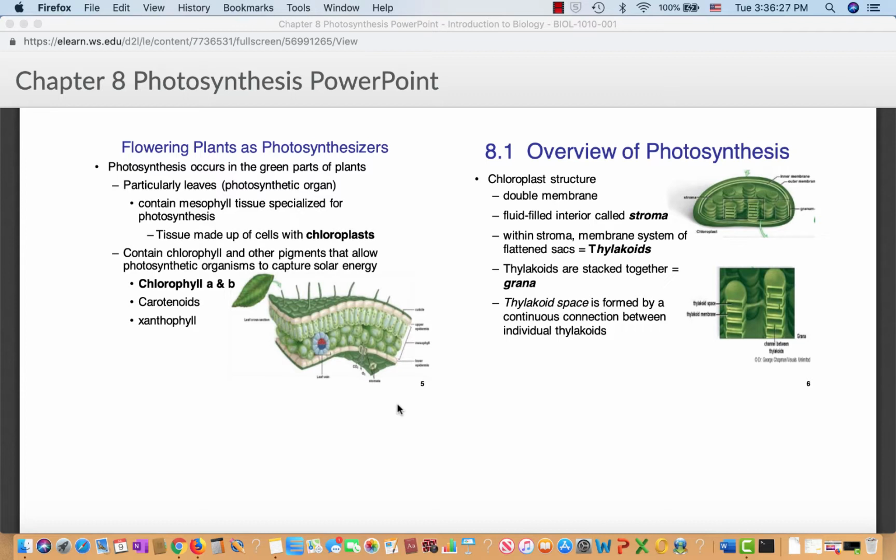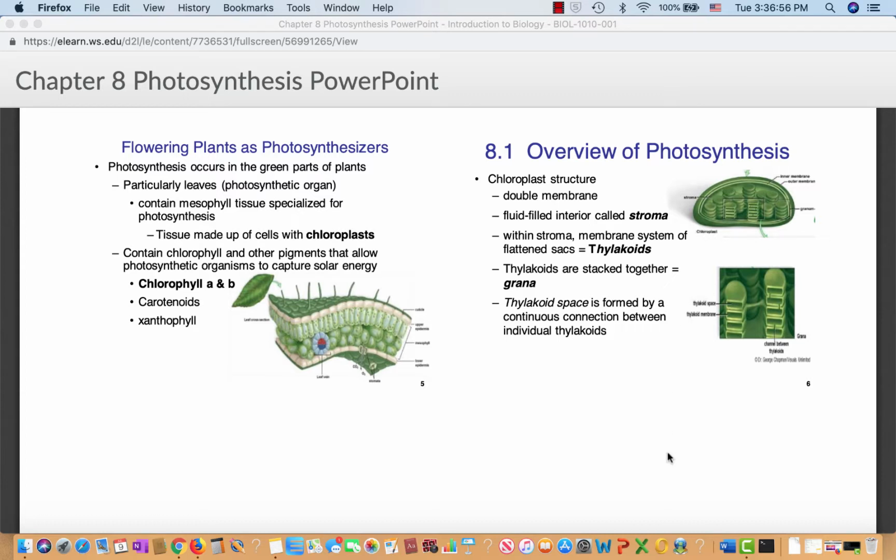And they contain chlorophyll and other pigments that allow them to capture solar energy. Chlorophyll a and b are both kind of a greenish color. Carotenoids are kind of an orangish color, and if I'm remembering correctly, xanthophyll is more of a reddish brown color. We'll see that in the lab. We'll actually separate these out, and it's kind of a cool experiment.